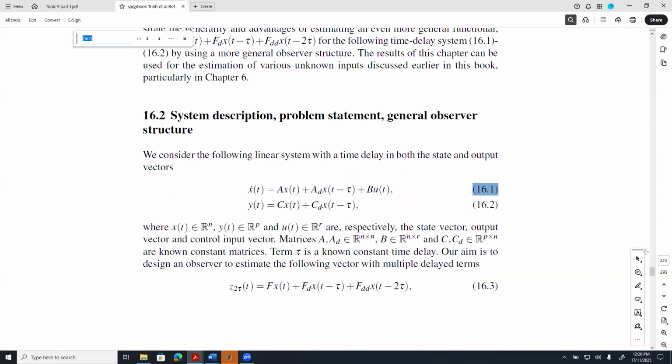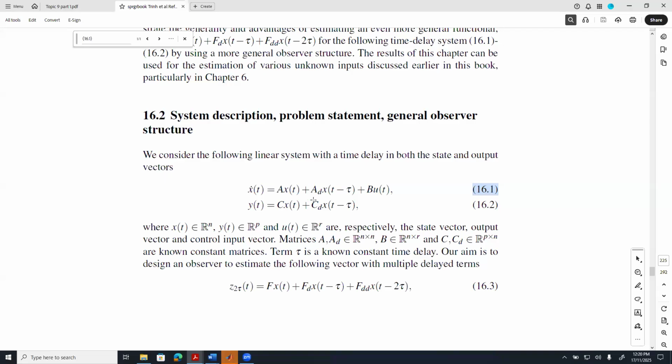When we have the situation like C equal to 0, what it's telling us is the output measurement vector here is in fact containing a delay version of a combination of the stack vector.